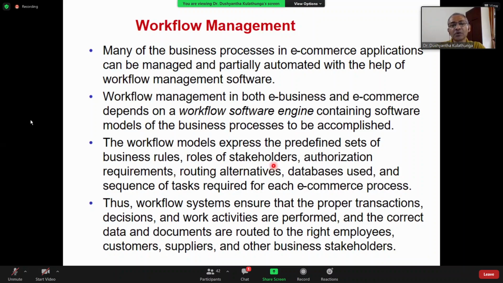Routing alternatives indicate what different options are available for us to send information, if it is being sent to different parties, and also the databases used and the sequence of tasks that we perform.